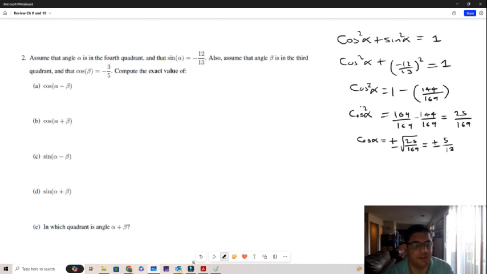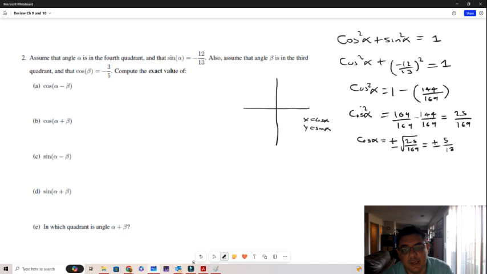Now you might be wondering, this is plus or minus, so how do I figure out which one it is? Because it can only be one. That's where the information about the quadrant comes into play. If you remember, we usually associate x with the cosine and y with the sine.